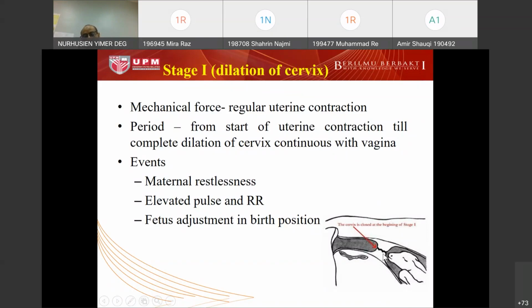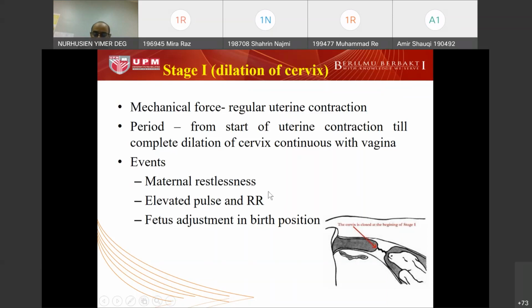But when the parturition process starts during stage 1, this opening starts to increase, and the wall of the cervix gets relatively thinner and expands until it becomes completely in a straight line, in continuation with the vaginal wall. That is how you confirm that the cervix has completely dilated: when the mucous membrane of the cervix is in alignment with the wall of the vagina from inside.